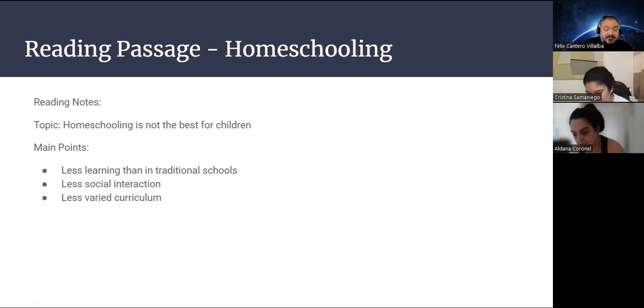Learn less, mhm. He said about the social interaction, the parents can arrange situations with other children, like visiting museums or participating in the spelling competition.